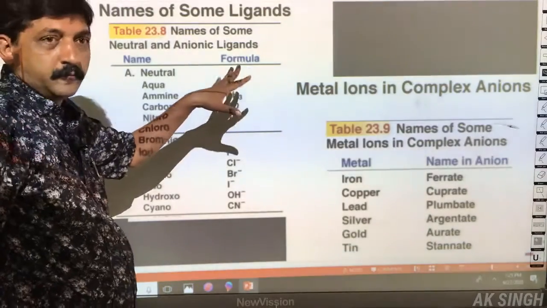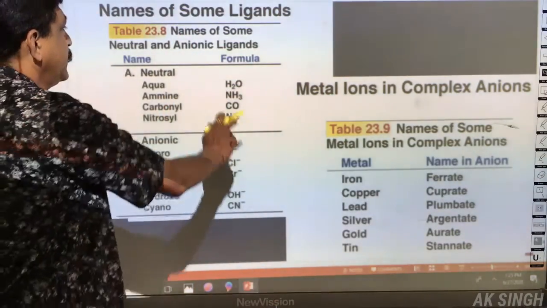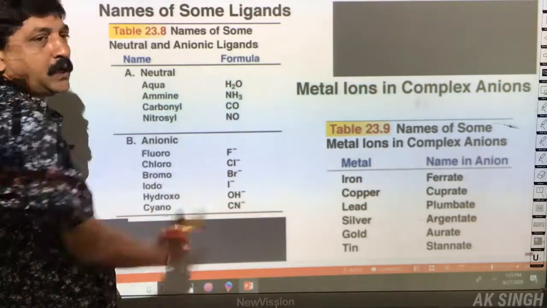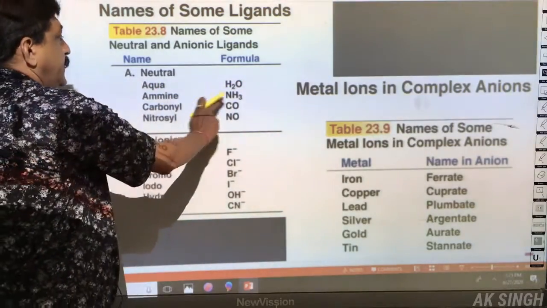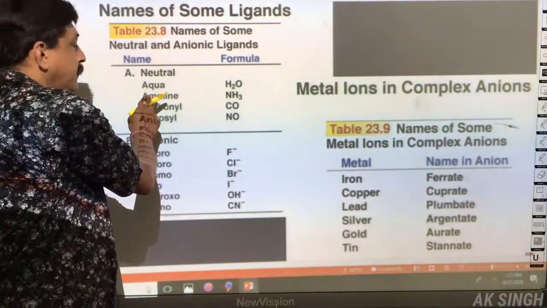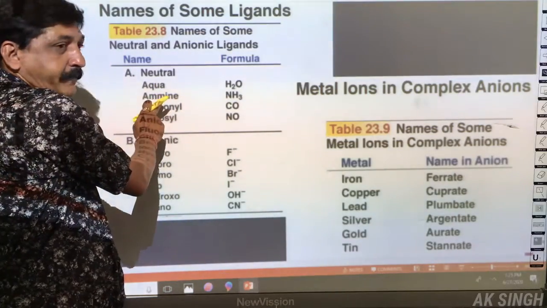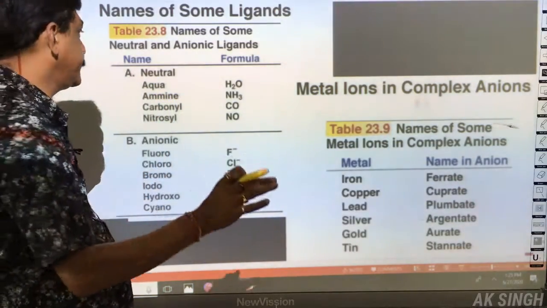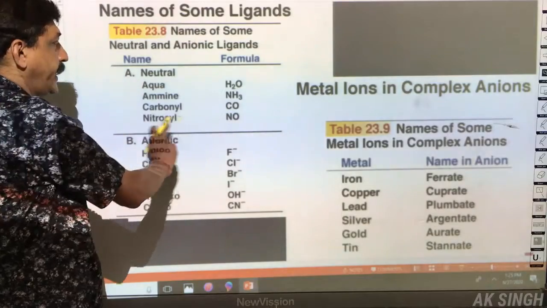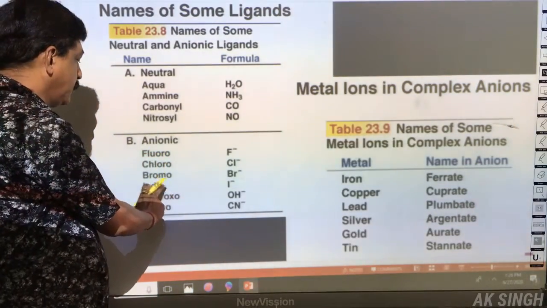We know H2O, water, but in coordination chemistry, you have to name it as aqua. NH3, it is simply known as ammonia, but in the IUPAC system, in coordination chemistry, you have to name it as ammine, with double m. Then carbonyl group, nitrosyl group. Now this is fluoro, chloro, bromo, iodo.